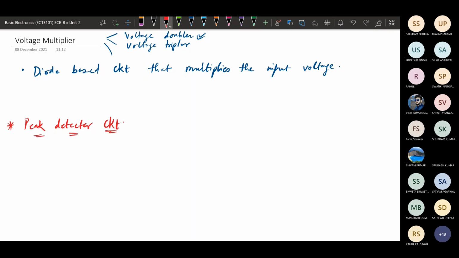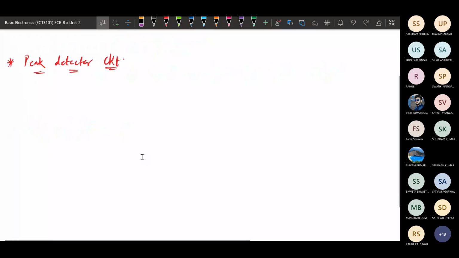These circuit configurations are such that you can get the output intuitively. Once you know the configuration of the circuit, like the position of the diodes and capacitor, we can get the output voltage intuitively.